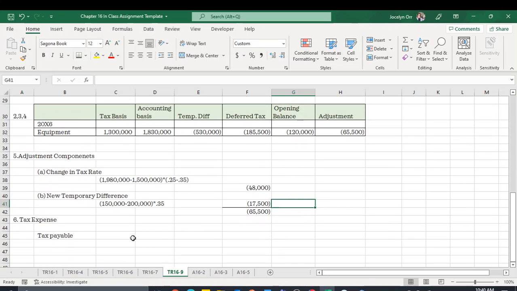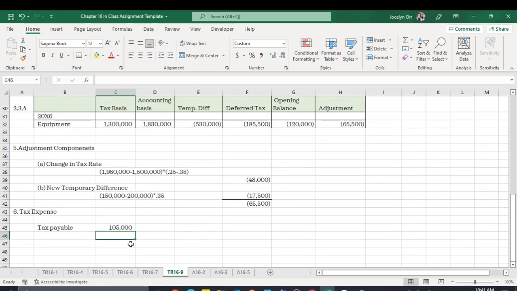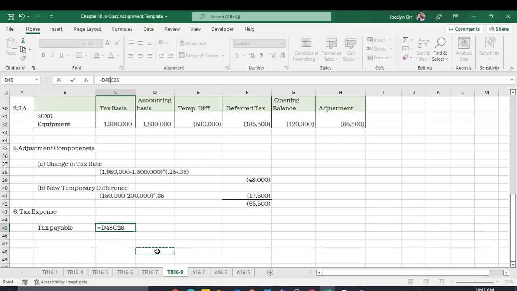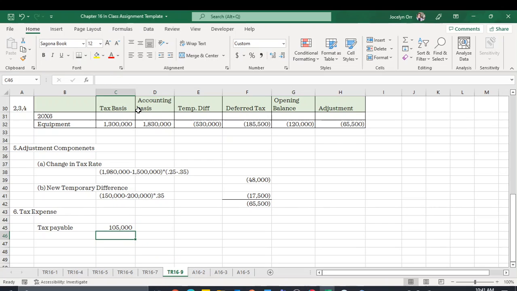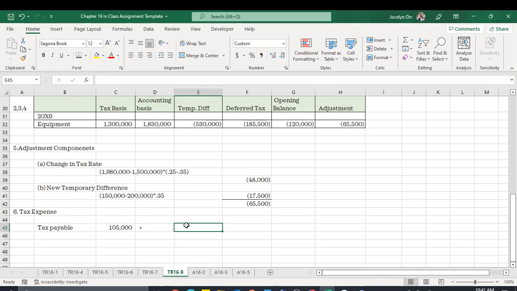So the last part of this is that we want to calculate our tax expense. And in order to do that, we start with our tax payable. Okay, so we calculated that up here at 105. So tax payable is actually a liability that is going to have a credit balance, right? We also have a deferred tax liability for 65,500.